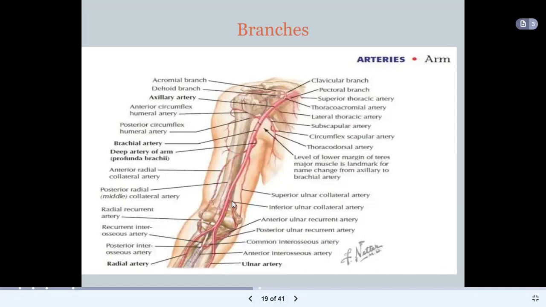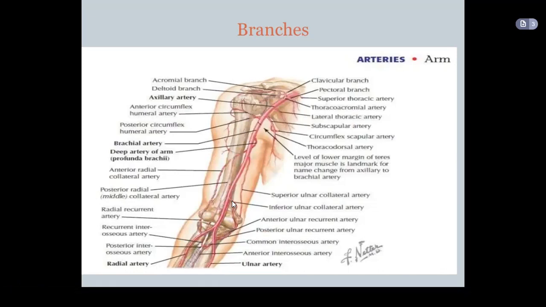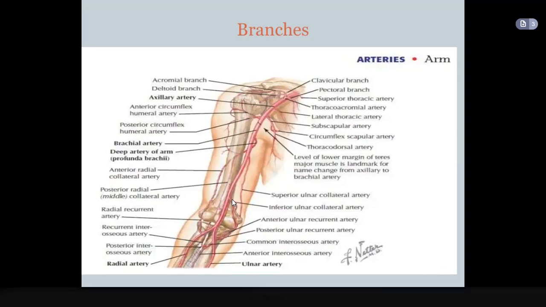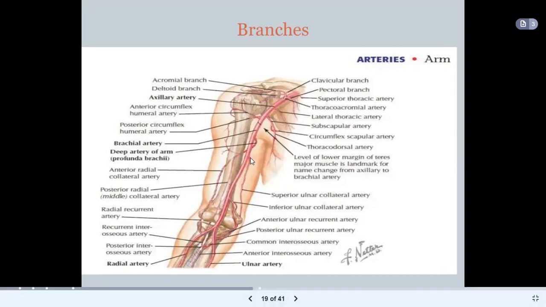Let's see if the nutrient artery is labeled here. Okay, so the nutrient artery is not labeled here. But here we can see the profunda brachii, superior ulnar collateral, inferior ulnar collateral.